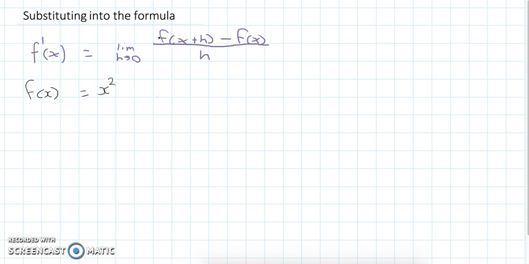So when we're going to put it into this function, anytime we see x, for this first part here, we're going to put x plus h.